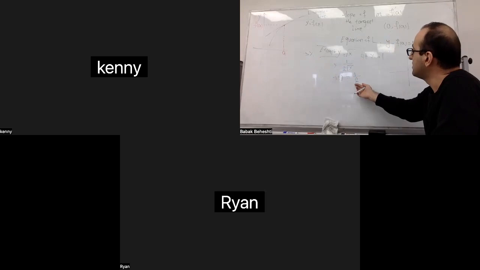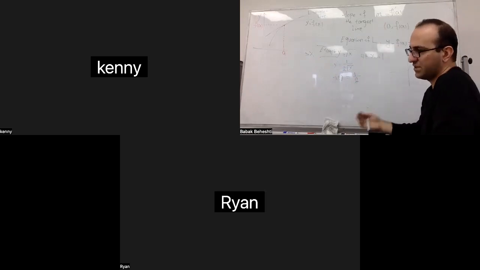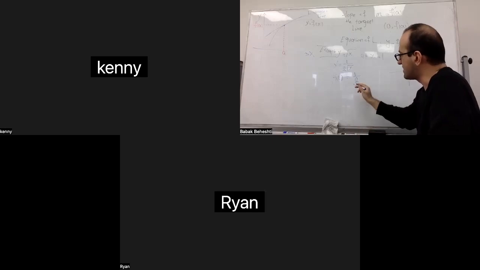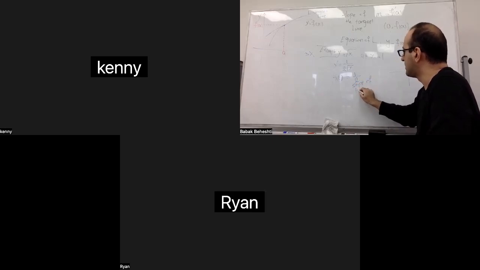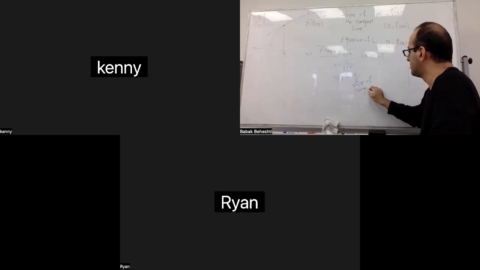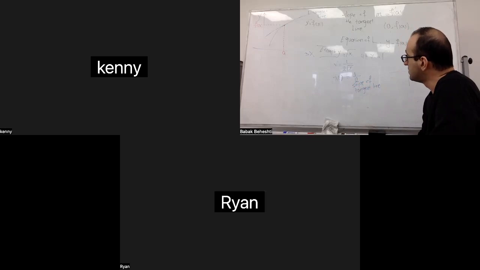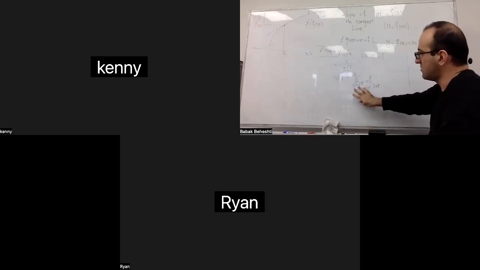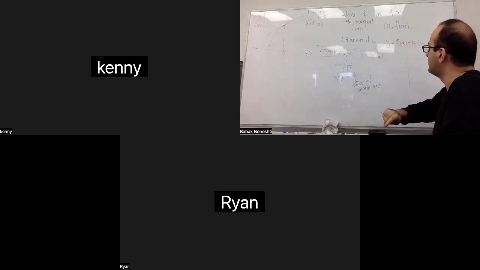So this number is the slope of the line we are looking for. So the slope of the tangent line, this is the slope, m. So we have the slope.